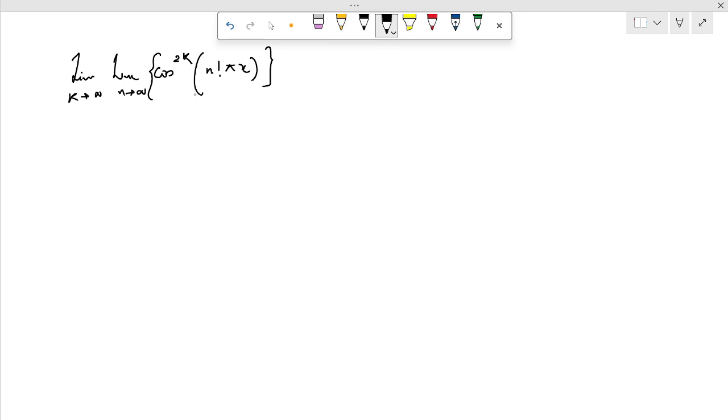Why is this a discontinuous function on R? Because this is another way of writing a Dirichlet function only. How come? It's very easy to see. So for example, if x belongs to the rationals, so x is p upon q, and if n is sufficiently large, so if n is tending to infinity, then in the expansion of n factorial I can always find somewhere q, because p and q belong to the integer sets only, except 0 here.